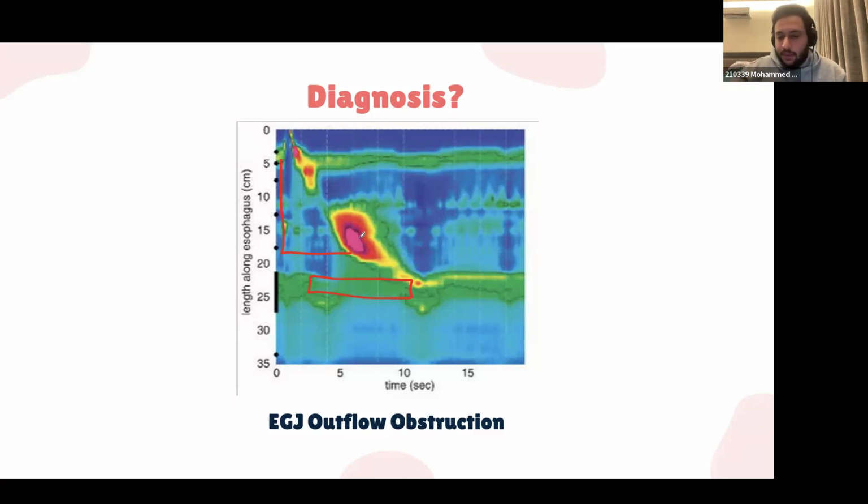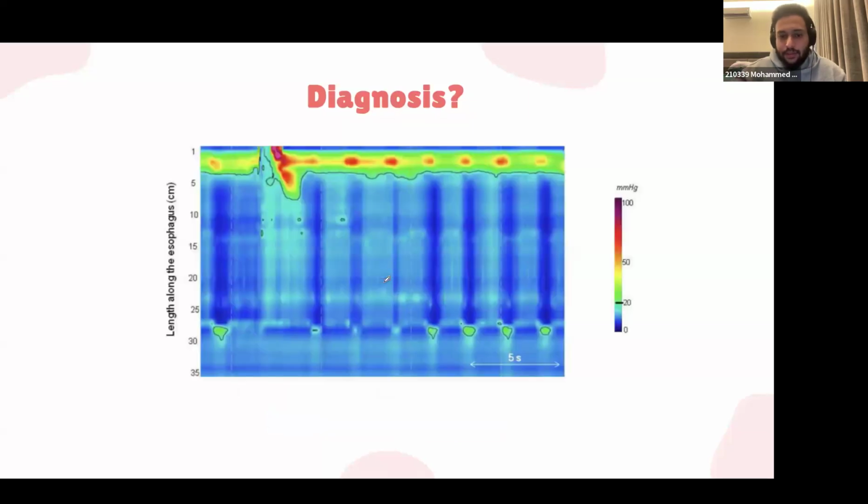In this patient, I have no idea what the number is. And then the distal latency, which will be shortened because it's spastic. This is a normal distal latency. So this is EGJ outflow obstruction.